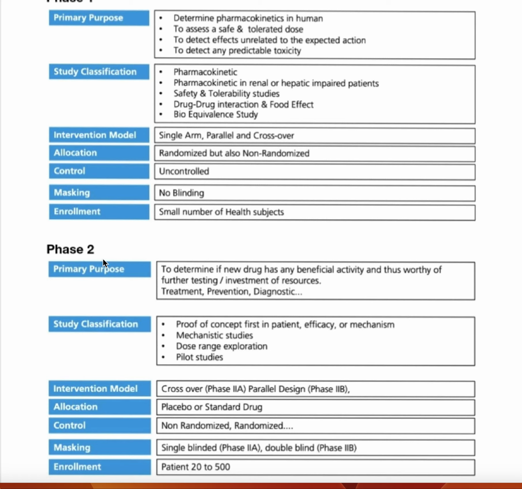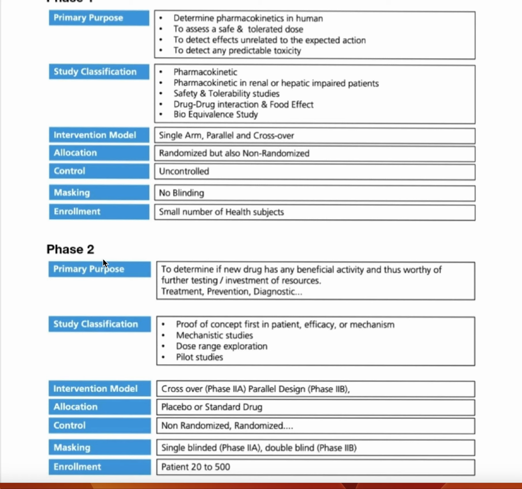And the study classification: proof of concept, first in patient, efficacy or mechanistic studies, dose range exploration, and pilot studies. The intervention that we use is actually crossover, and we also use the parallel design. We can do single arm because we want to make just a comparator, because we compare the new drug to the existing one maybe, so we have the parallel and also the crossover design.